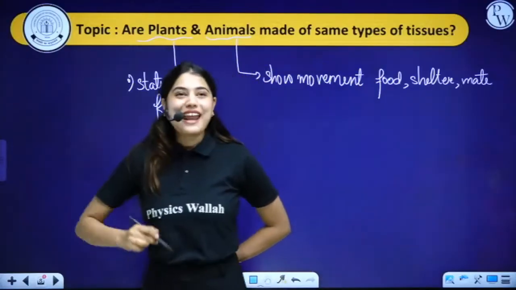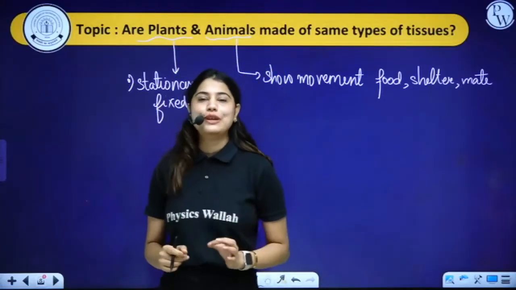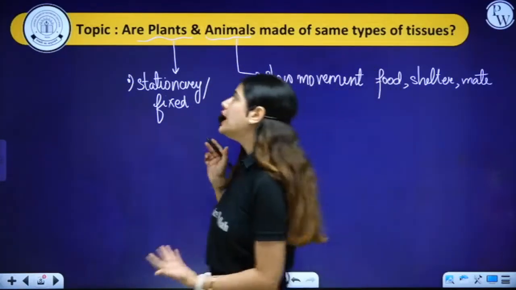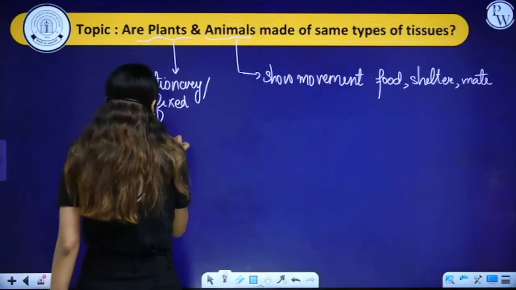Next thing, plants are able to make their own food, right? But animals, obviously, cannot make their own food. So we can say the plants are autotrophic.